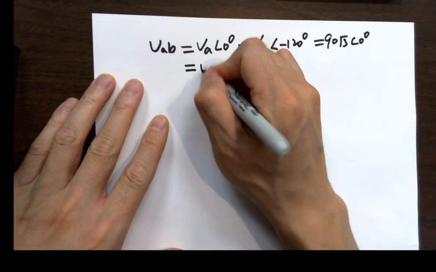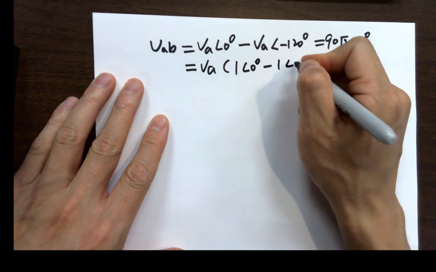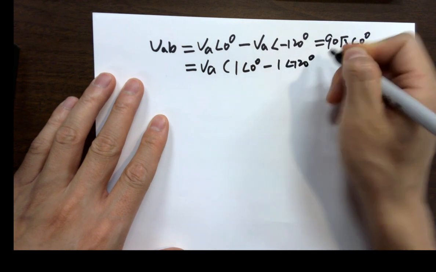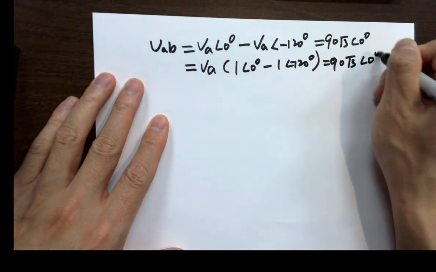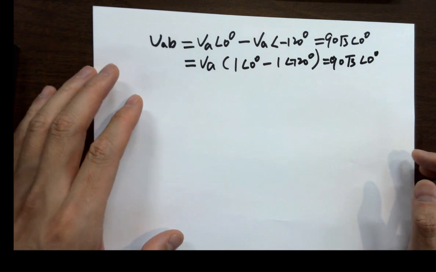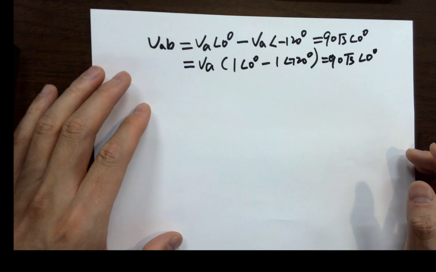Definitely you can. VA equals 1 at 0 degrees minus 1 at negative 120 degrees, and that equals 90 square root of 3. And you can use a calculator to calculate it easily, right? No problem. But can we do it manually?